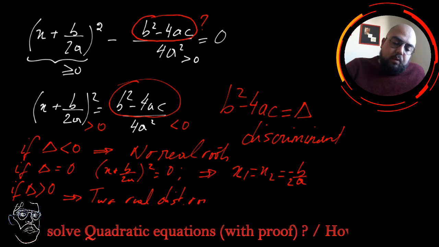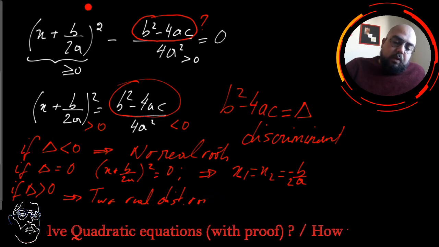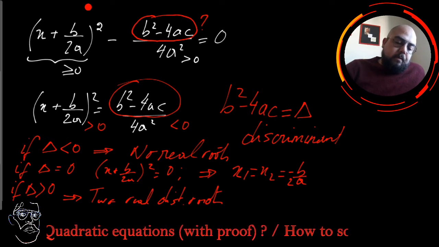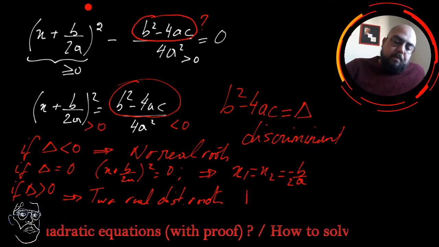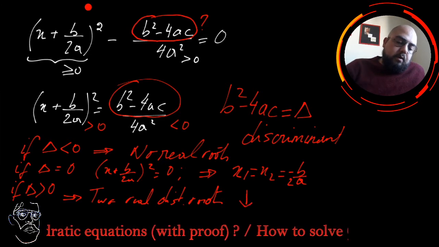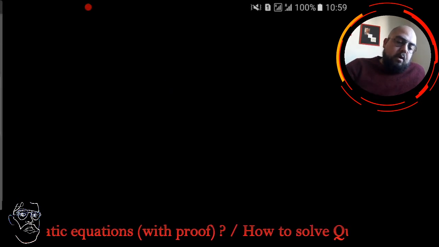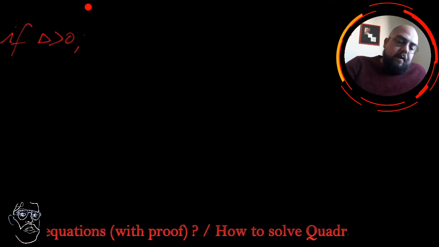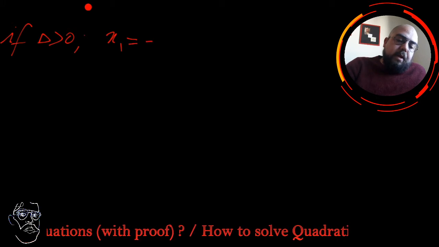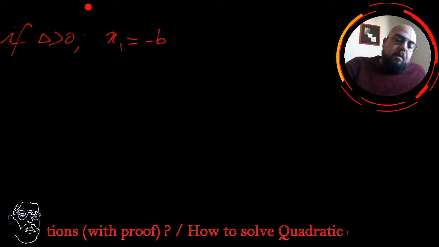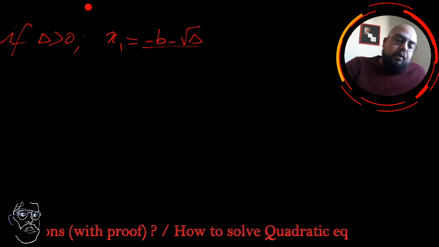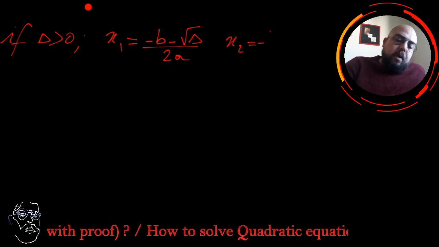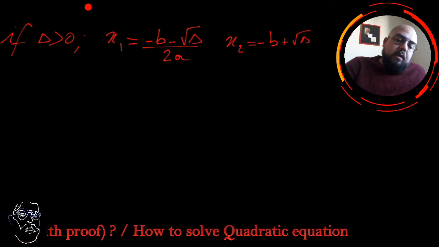Let's continue in the following page. If delta is positive, you will have x1 = (−b − √delta)/2a, and x2 = (−b + √delta)/2a.